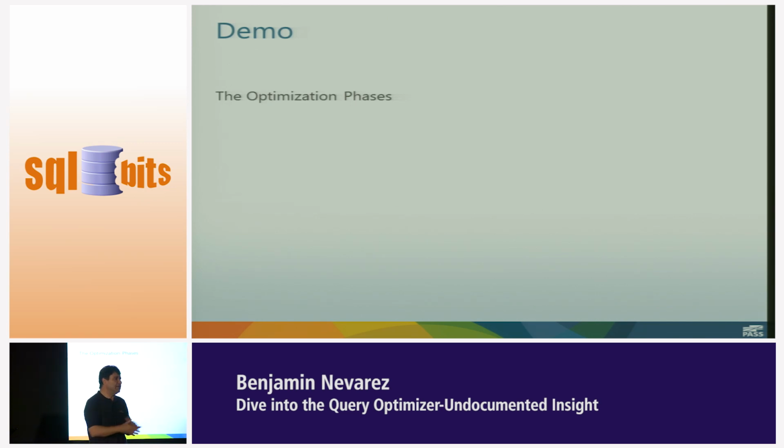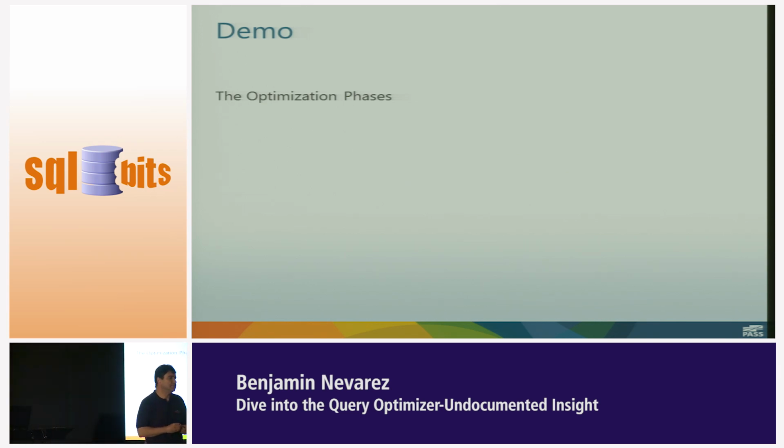Maybe you want to wait for a service pack. So if you need some of those optimizations, you can use that trace flag, and then the optimization is going to apply to your queries. But that's totally documented. You can take a look at the SQL Server 2014 documentation on trace flags and service packs.